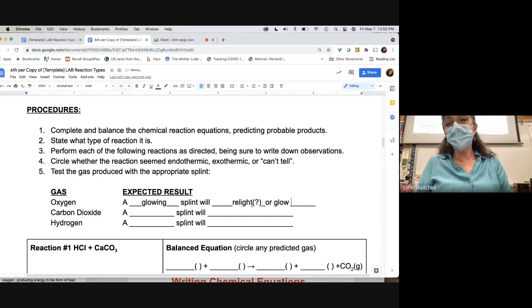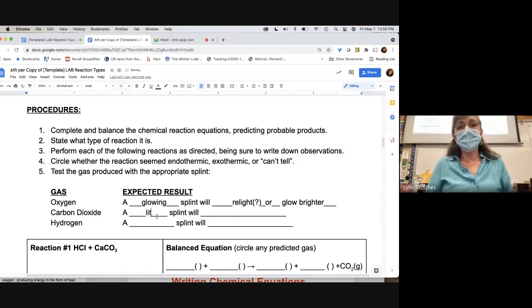It just depends on how much oxygen you have present. We'll talk more about that next week. Carbon dioxide, we're going to use a lit splint. Since it's used in fire extinguishers, you can probably figure out it will put the flame out. Fancy word for put the flame out is extinguish.